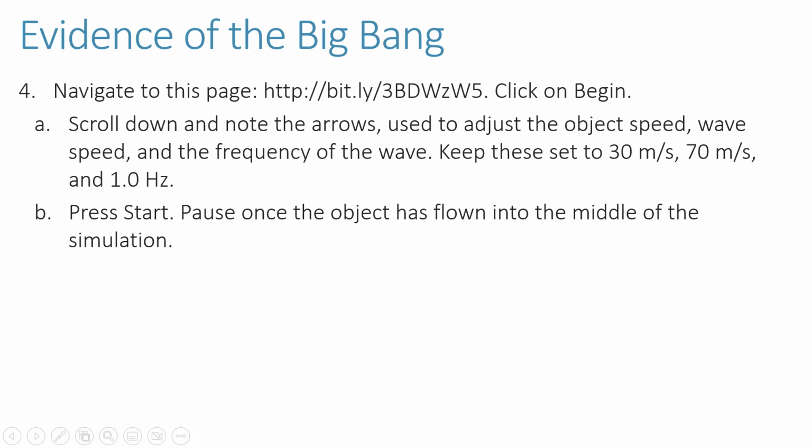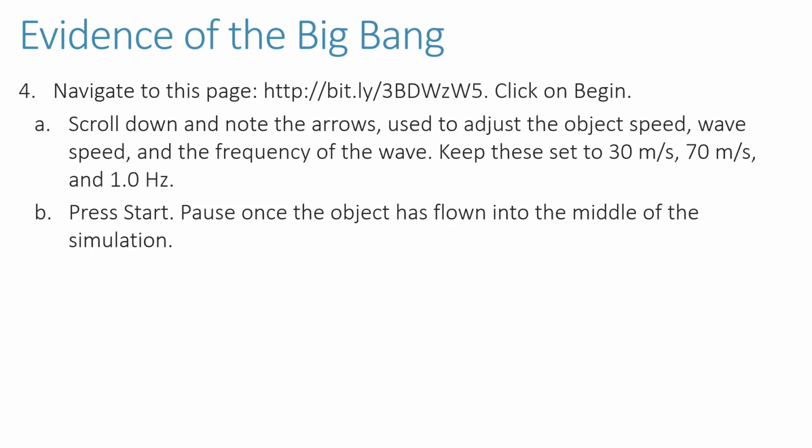So now you're going to want to navigate to this website and progress through the simulation, making sure to follow the directions. Go ahead and pause this video until you've finished with the simulation. So we started out by having an object on the screen, traveling at 30 meters per second.